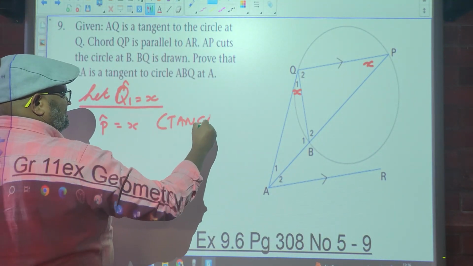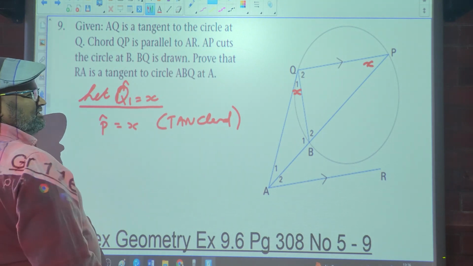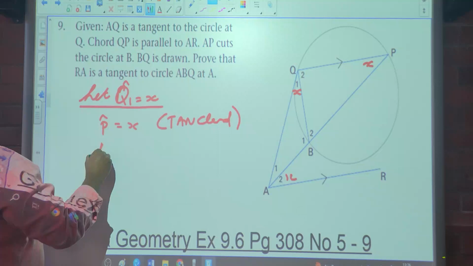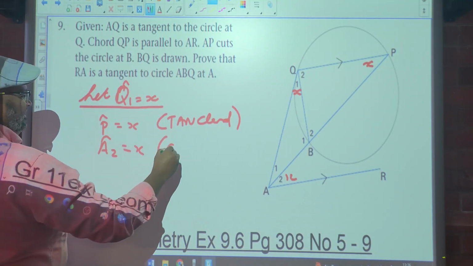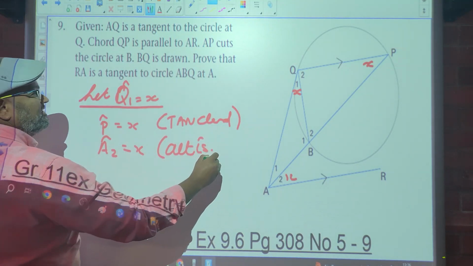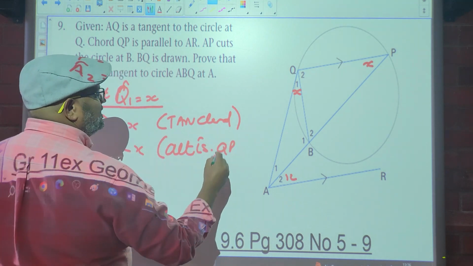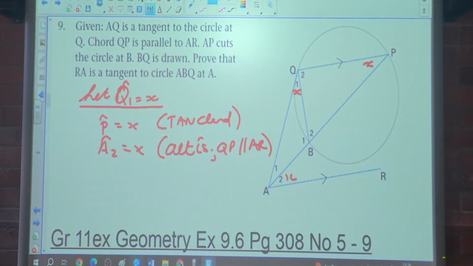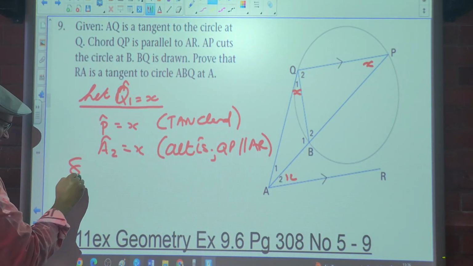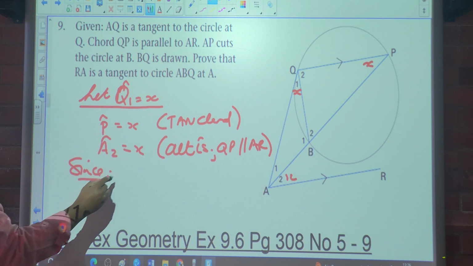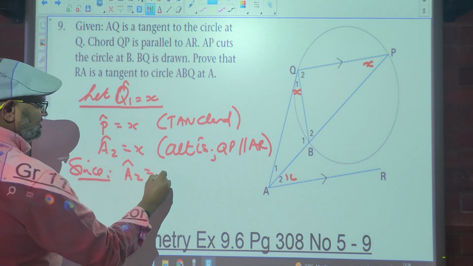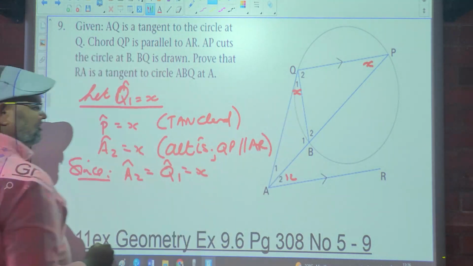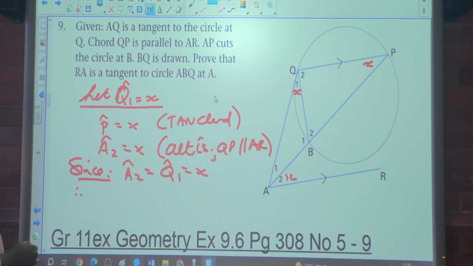And then A2 is equal to x. Why? Alternate angles, with QP parallel to AR. So since A2 is equal to Q1, which is equal to x, we answer the question.